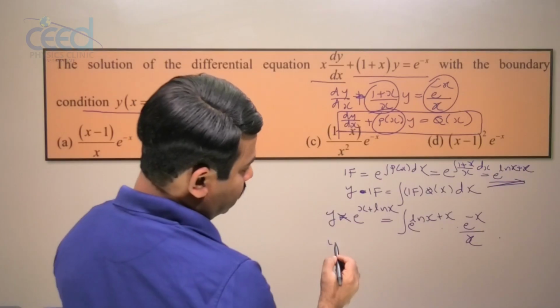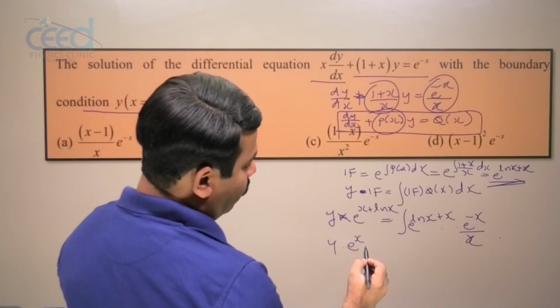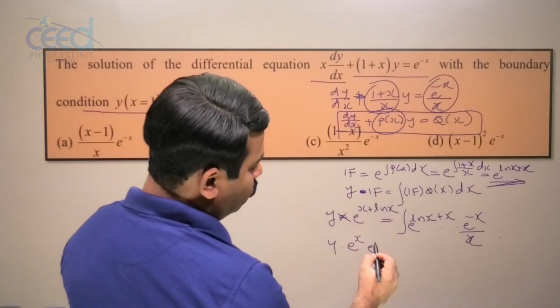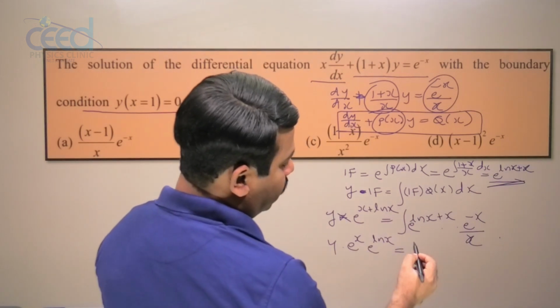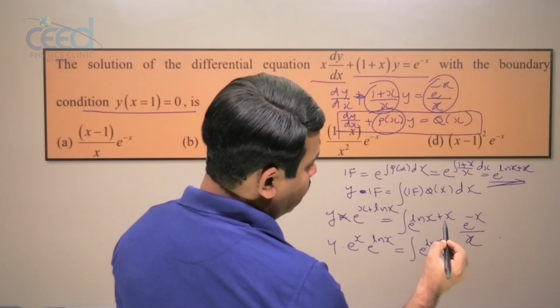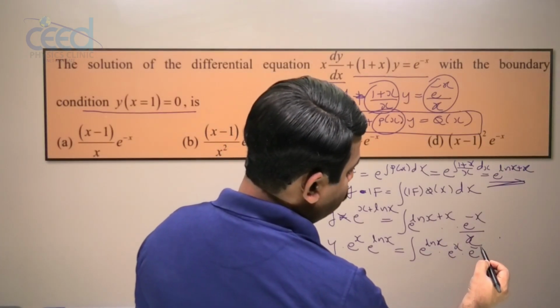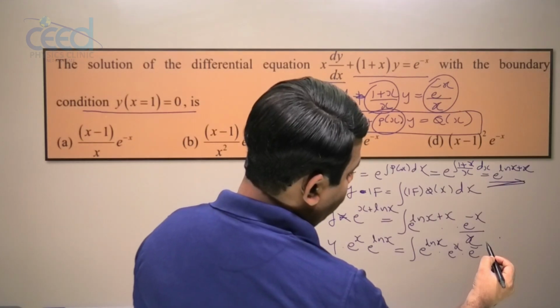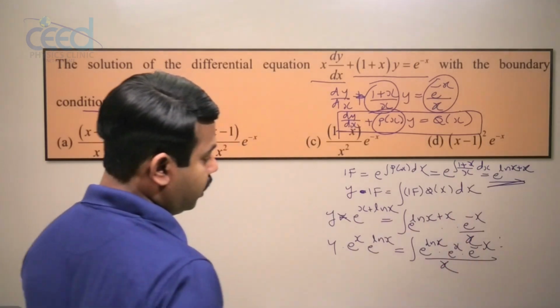Now we can write this as y into e raised to log x into e raised to x, splitting it into two, equal to the integral of e raised to log x into e raised to x into e raised to minus x divided by x.